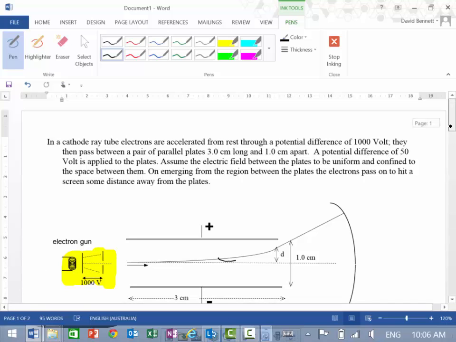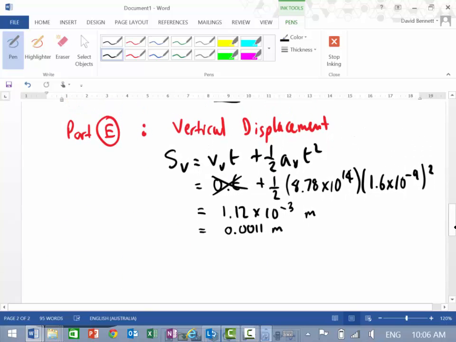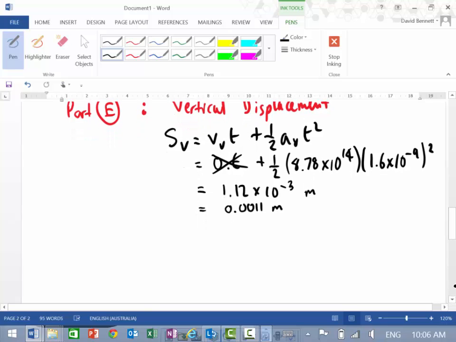Coming back to our last bit, that means that it's going to get through the plates. It's actually going to exit, and it's not going to hit the side plate. That's what we're looking to see. Some of the questions will ask you, does it hit the side plate? Does it exit? So therefore it exits the plates.